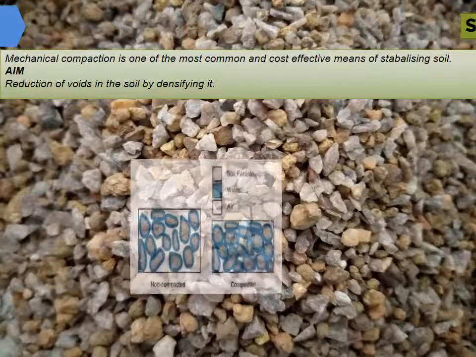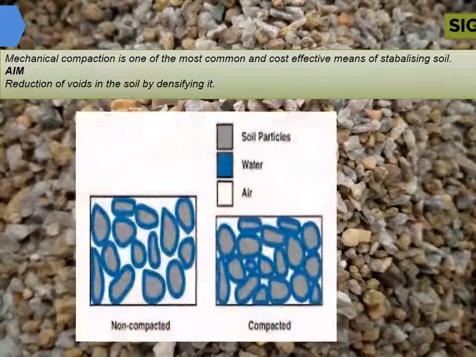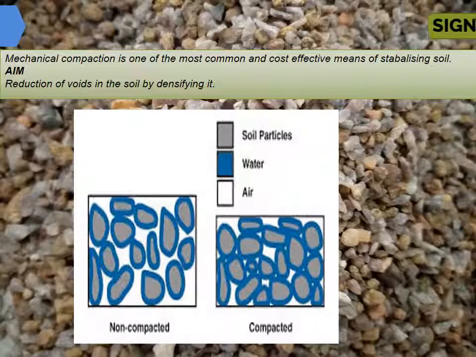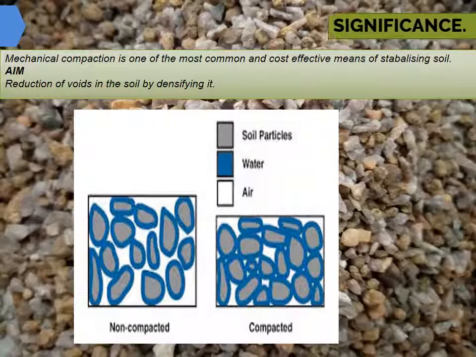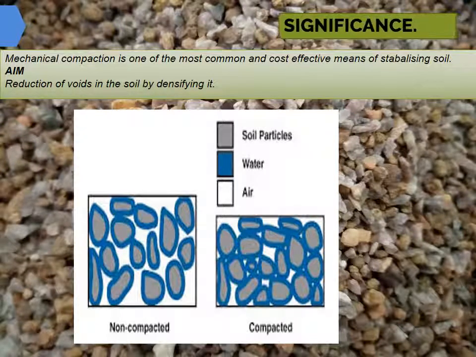Why do we need to compact our soil? As we all know, mechanical compaction is one of the most common and cost-effective means of stabilizing soil, and the aim here is to reduce the voids in the soil by densifying it. An extremely important task of any geotechnical engineer is the performance and analysis of the field control test to ensure that the compacted fields are meeting the prescribed design specifications.